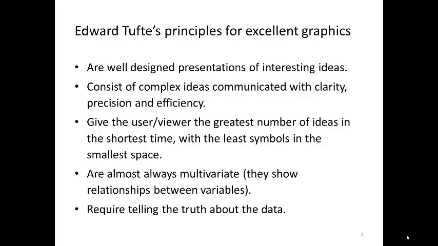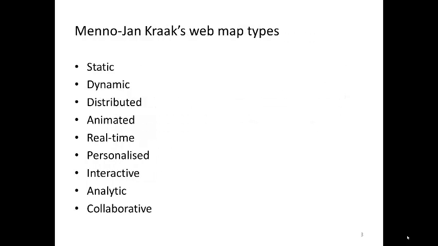That's all well and good, but how do you know whether what you're doing is that? You can think about it as you're creating it, but it's also worth thinking about how user-friendly it is, and have I done what Tufte wants me to do, if you agree with these principles. Maybe you don't. And you're used to Crampton's web map types.